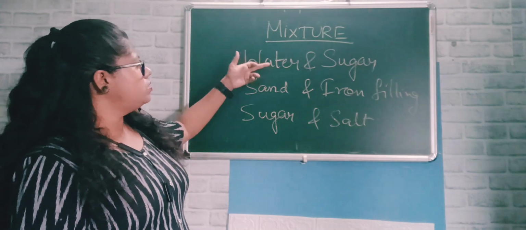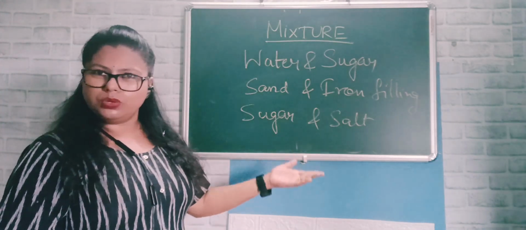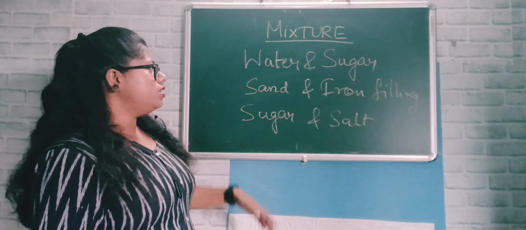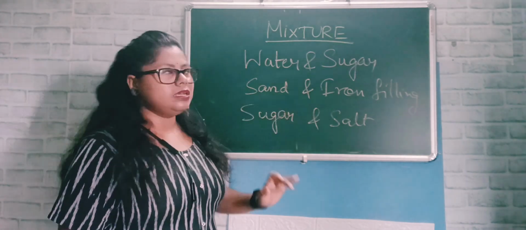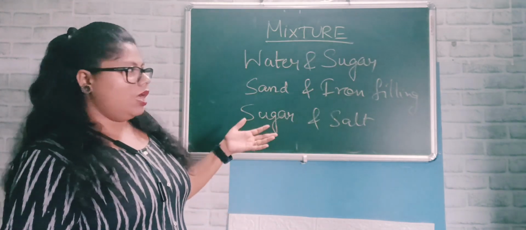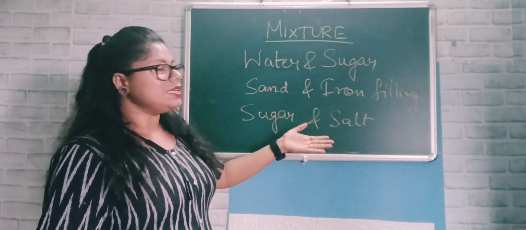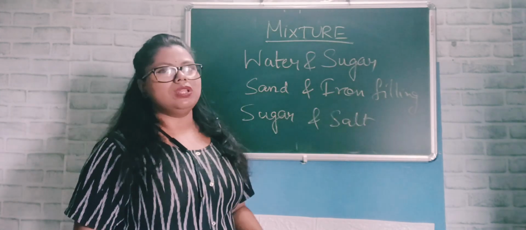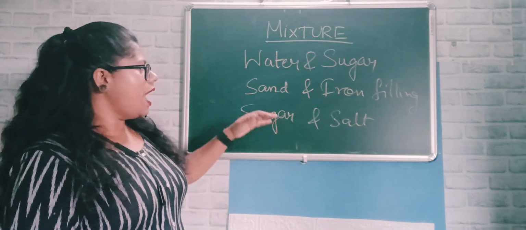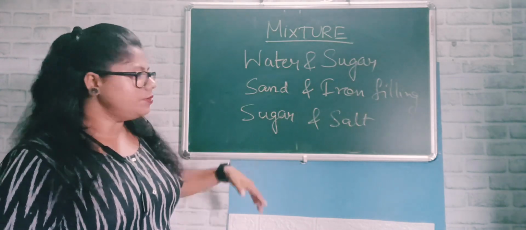Now just think about water and sugar. If we do distillation, we can easily separate them out. Sand and iron filings, we can do magnetic separation, where all the iron filings will be attracted towards the magnet and we will be left with only sand.